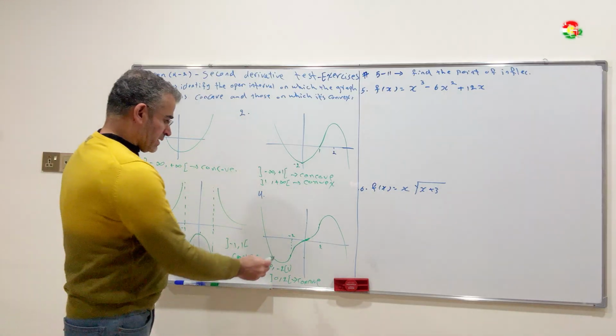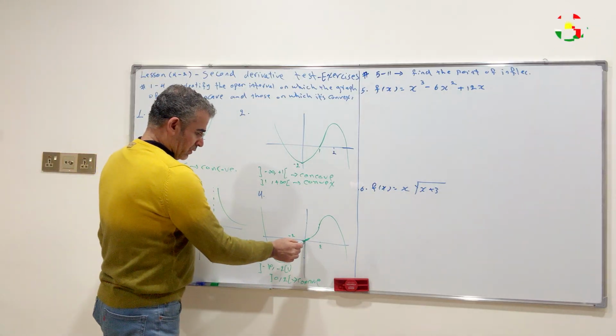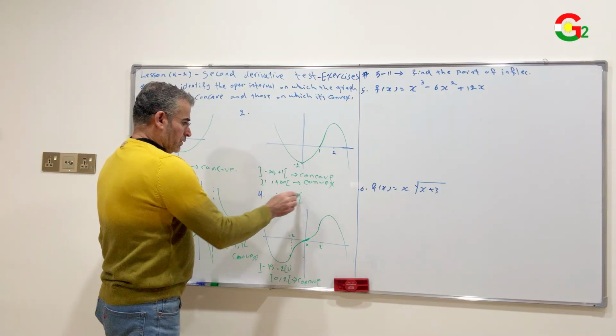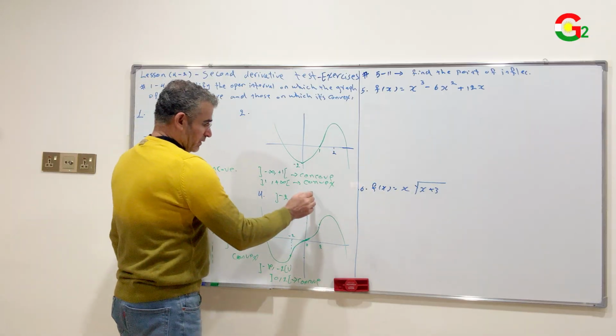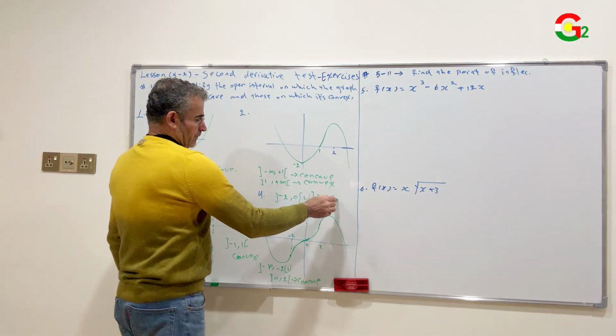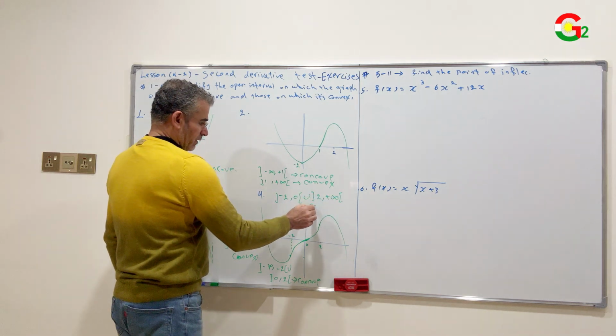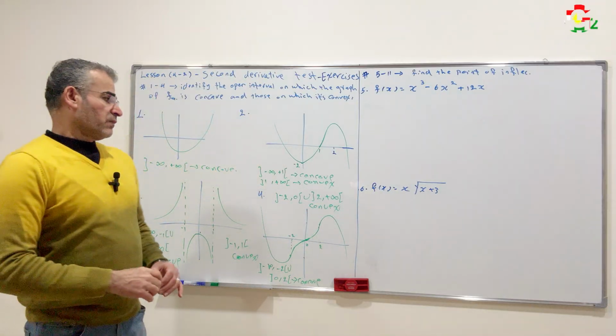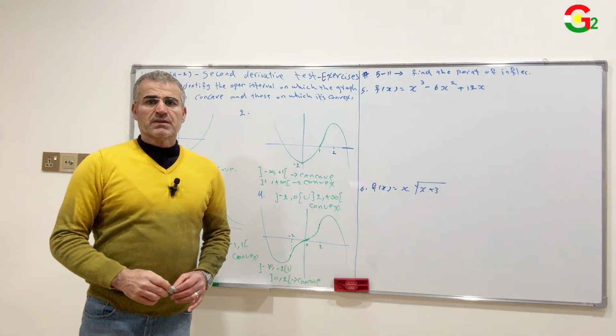And it is convex from -2 to 0, union 2 to positive infinity. This is the interval of convex, where the graph of the function is convex.